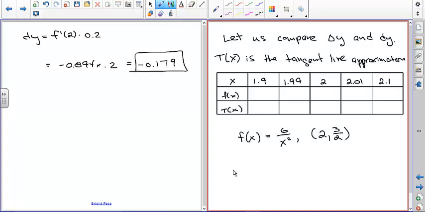So what you would do is evaluate the function at 1.9, at 1.99, at 2.01, and at 2.1. So you guys can help me out on this one. Somebody over here do 1.9, somebody in here do 1.99, I'll do 2, somebody there do 2.01, and somebody over in that area do 2.1.